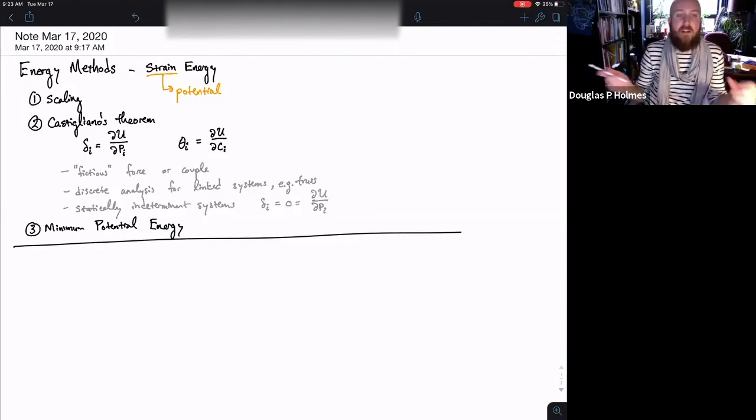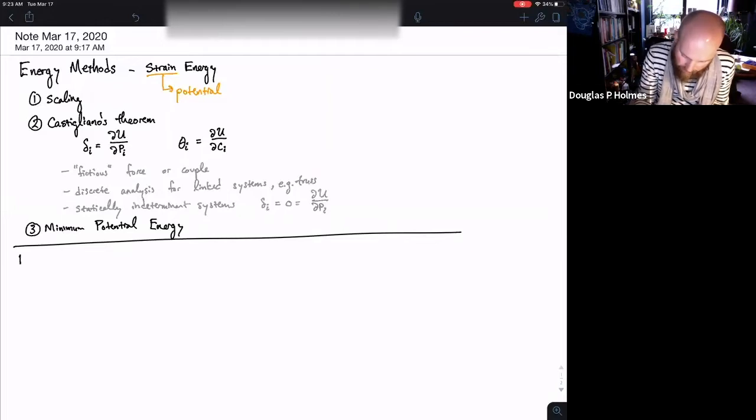To do that, we first need to think about a concept that you likely learned in statics, and that, if you're like every other student, never feels that comfortable: the principle of virtual work.